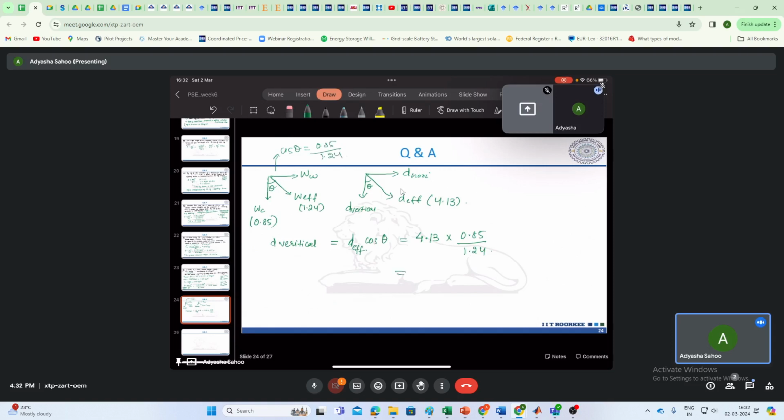So we'll get this as 2.3 meter. This is your vertical sag.